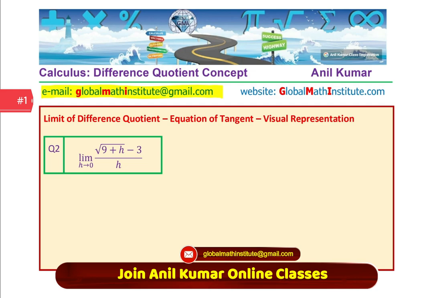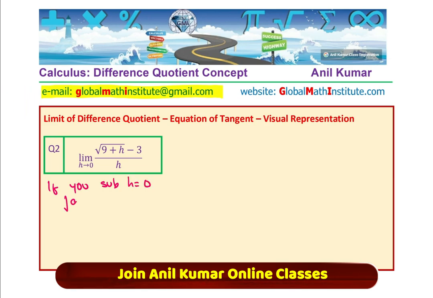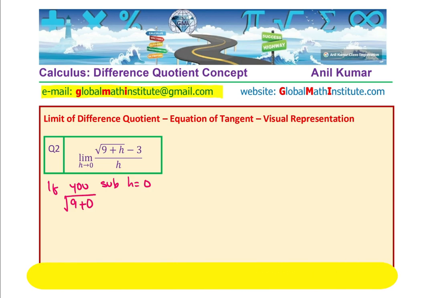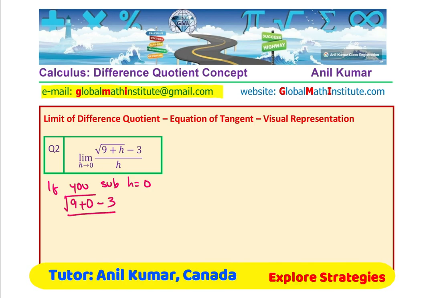Now, if you substitute h equals 0, what do you get? You get square root of 9 plus 0 minus 3 over 0, right? Which is equal to square root of 9 minus 3 over 0. Square root of 9 is 3. We get 3 minus 3 over 0, which is 0 over 0.